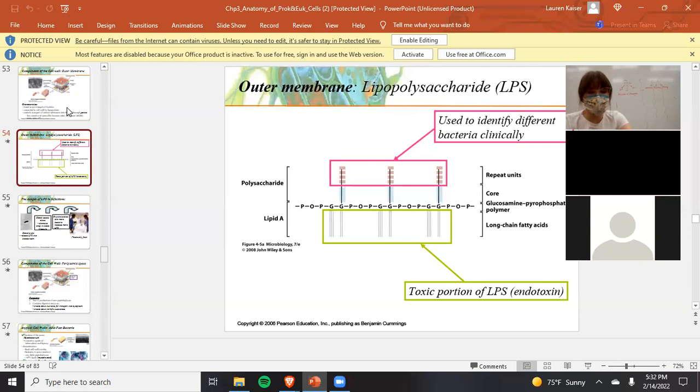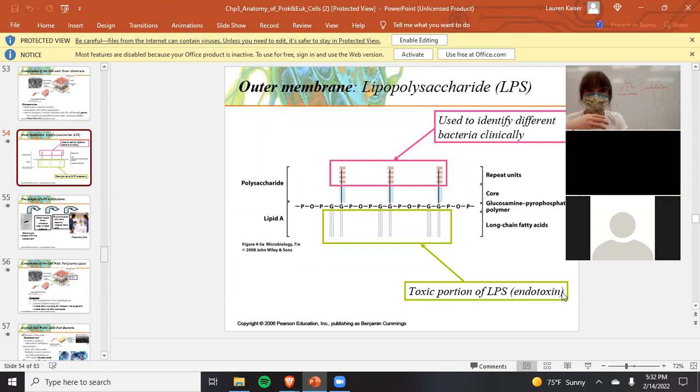An endotoxin is released after the cell dies. This endotoxin is part of the bacterial cell wall, and it will be released later. So it's inside of the bacteria.